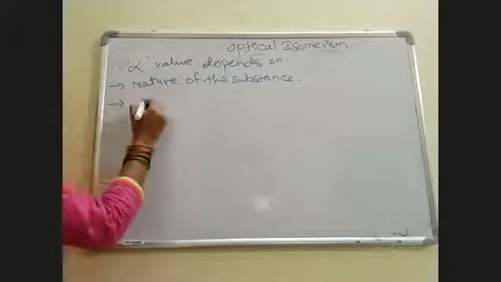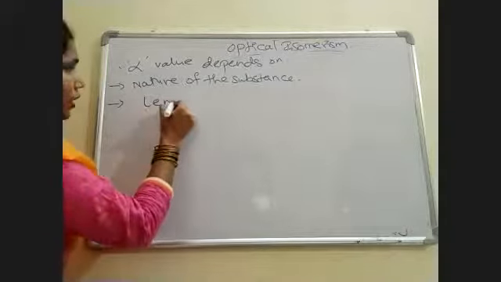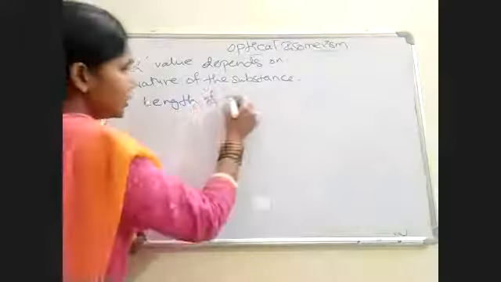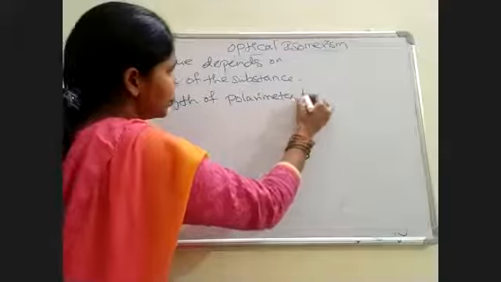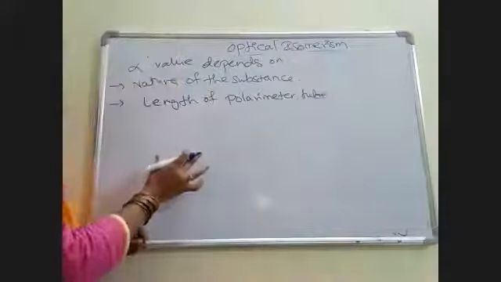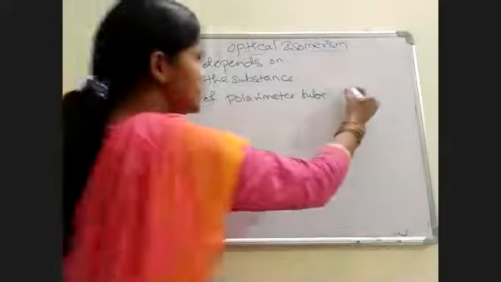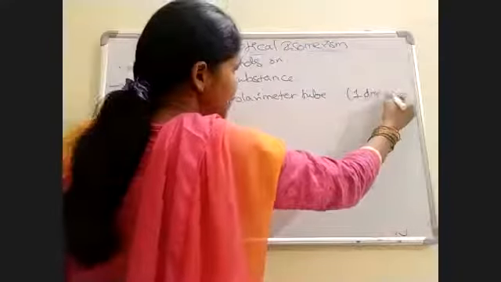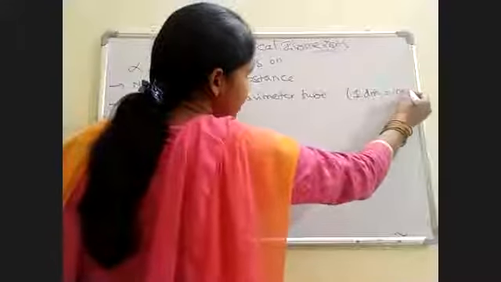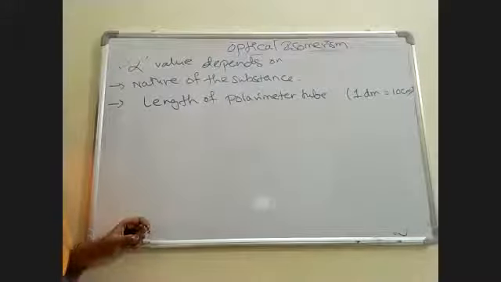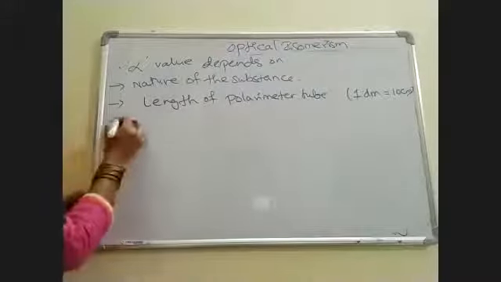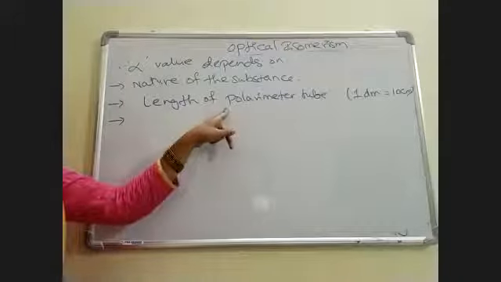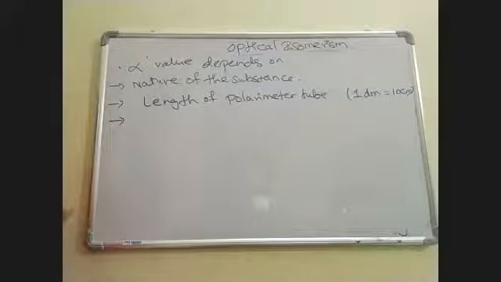It also depends on the length of the polarimeter tube, that is the sample tube. Usually we take this length as 1 decimeter, that is 1 decimeter equals 10 centimeters. If you change the length of the tube, the alpha value also changes.